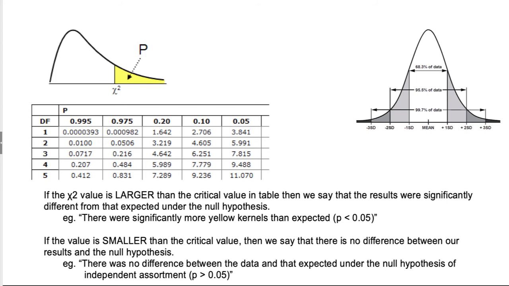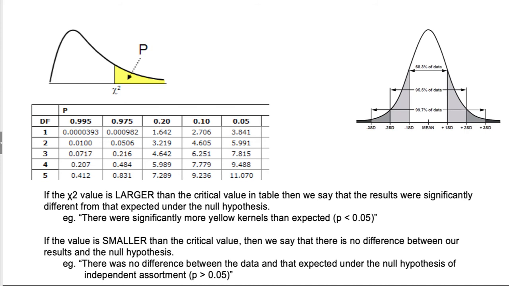We're going to focus our efforts on this column here with p equals 0.05. This column shows what the critical values are for chi-squared with a probability of what we call committing a type 1 error of 5% or less.